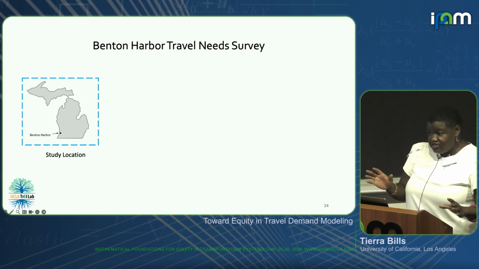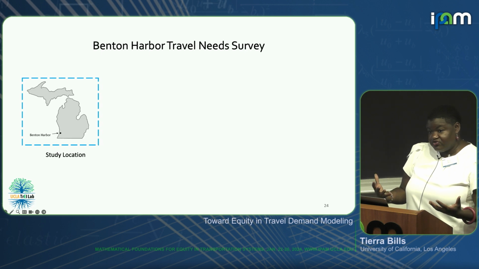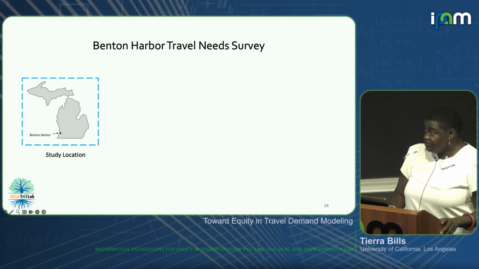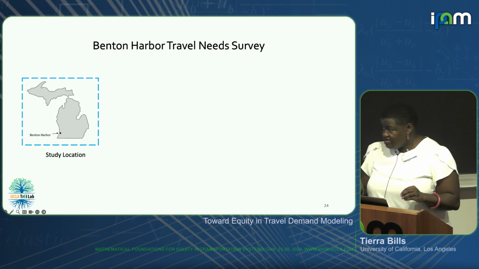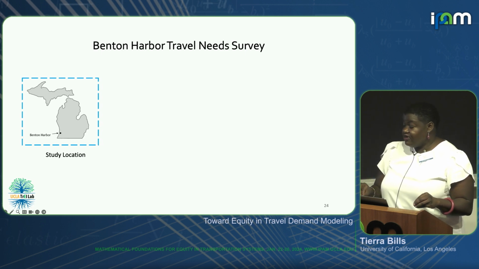This was a part of a larger NSF study where we were focused on smart and connected communities and how to equip under-resourced cities with better tools for evaluating transportation issues and making transportation interventions. As a part of that, we collected a small travel diary for Benton Harbor. Benton Harbor is one of the poor communities in the state of Michigan, with about 50% of the population living below the poverty line.